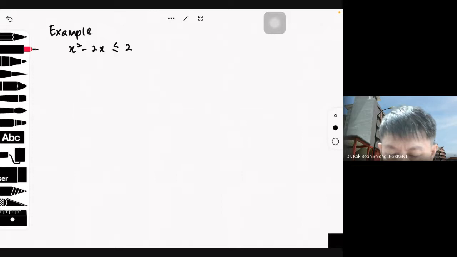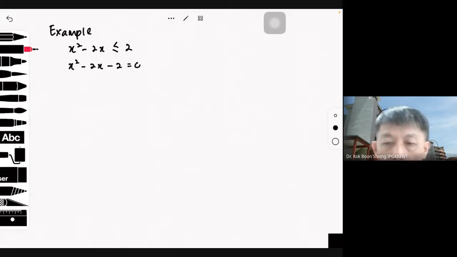To solve this, look for the factors of x squared minus 2x minus 2 equals 0. Try to look for the factors. This one you have to use the formula.